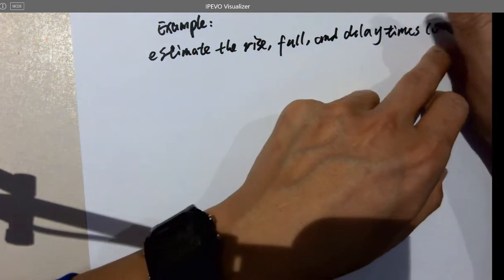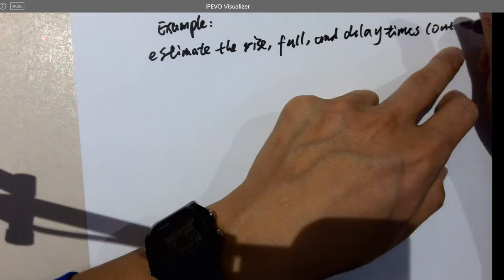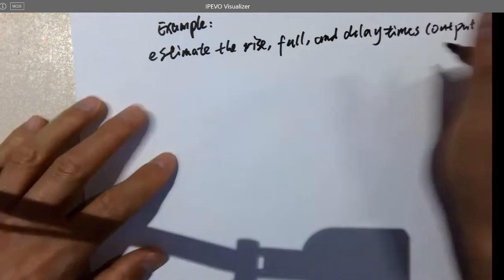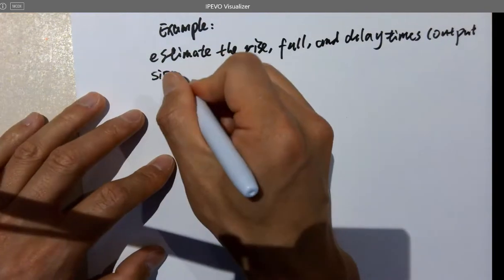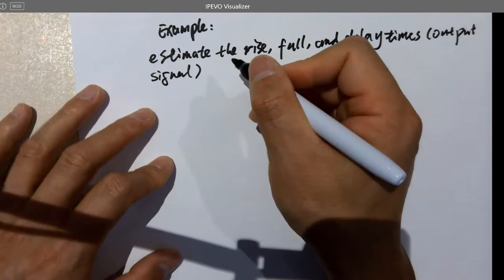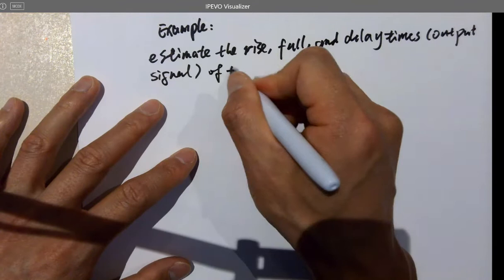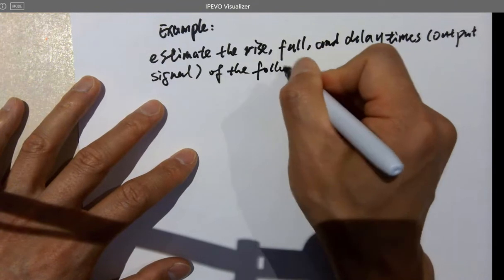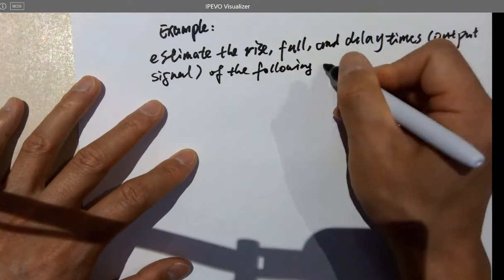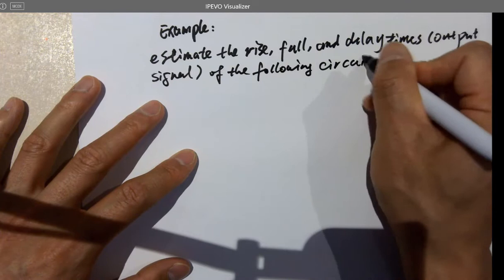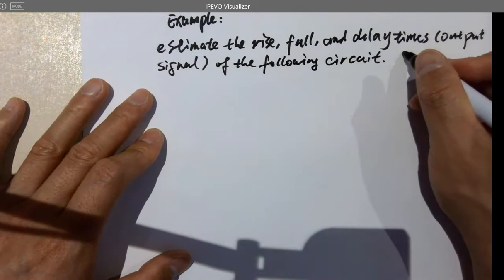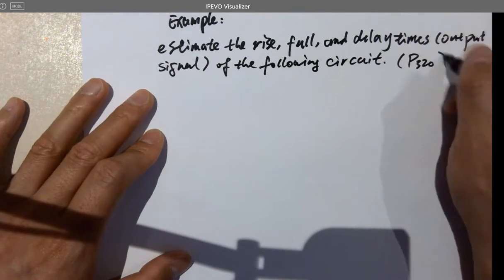Definitely the output signal. We are talking about the output signal of the following circuit. This is on page 320 of the textbook.